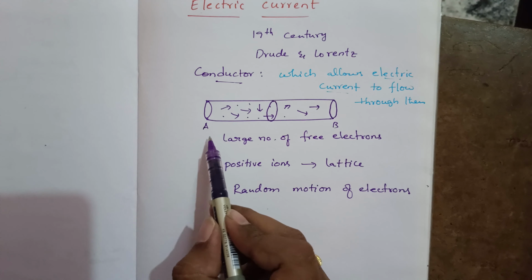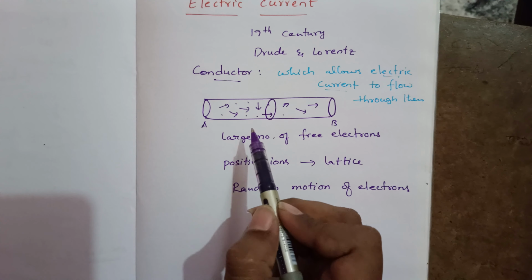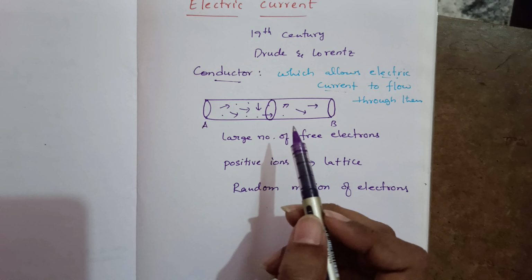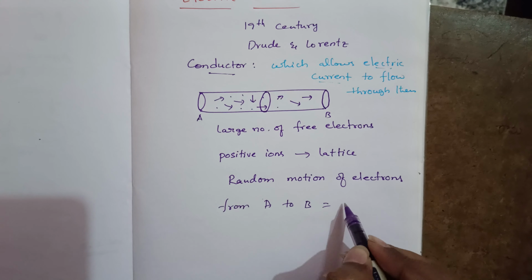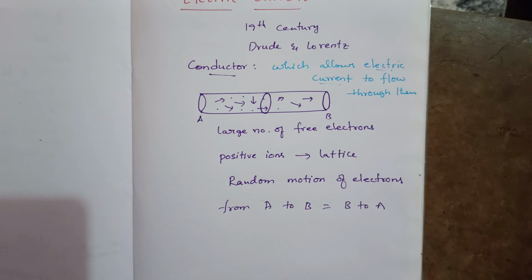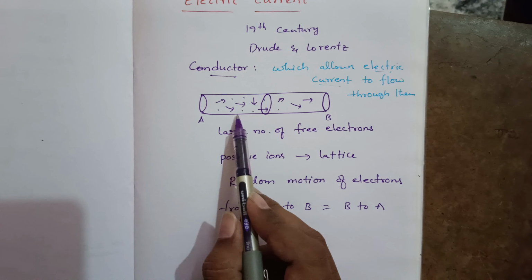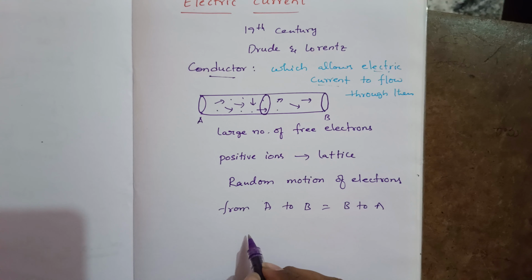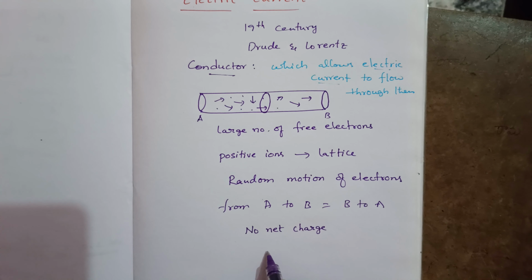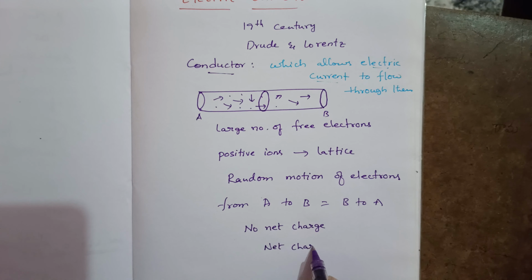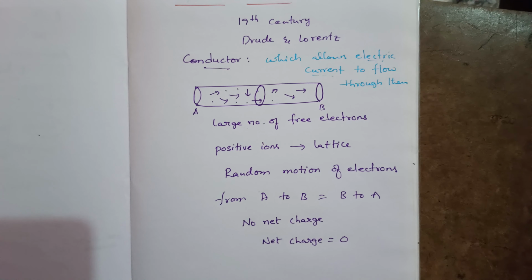The number of charges crossing this cross section from A to B is equal to B to A. So we can say that net charge is equal to 0.